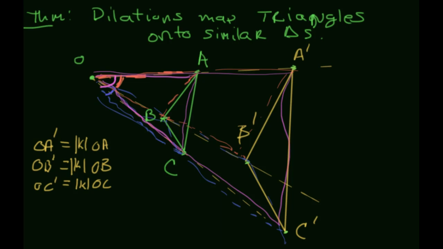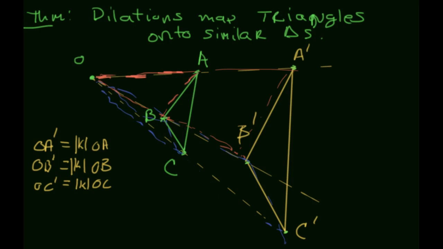So I'm going to clear out some of the clutter here, and I'm only going to deal with the red pair of triangles, because the argument is exactly the same for the blue and the purple ones. So let's look at the red one. That angle O is in both the triangle OAB, and it's in the triangle OA prime B prime.